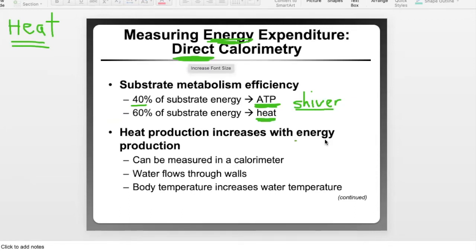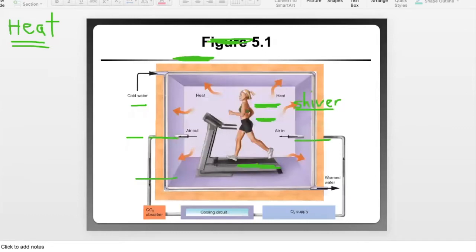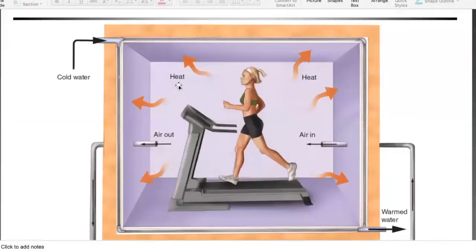The more energy that's spent, the more heat that's going to be produced. And you can measure all of that heat loss directly with a thing called a calorimeter. The next slide will explain it. It's based on the change in temperature of water as it flows through the walls of this chamber here. So you have somebody running. Let's blow this up a little bit.